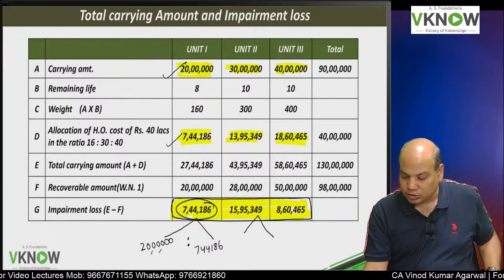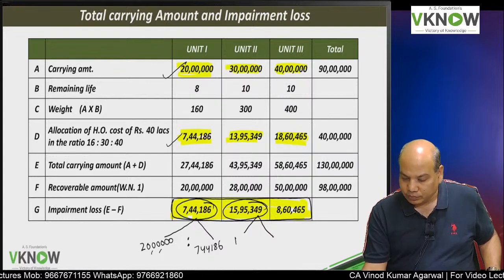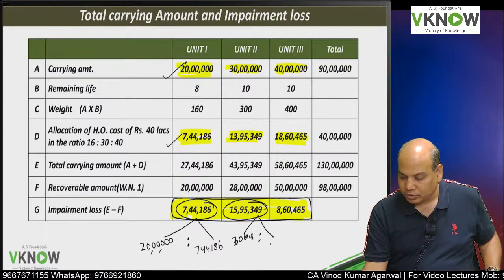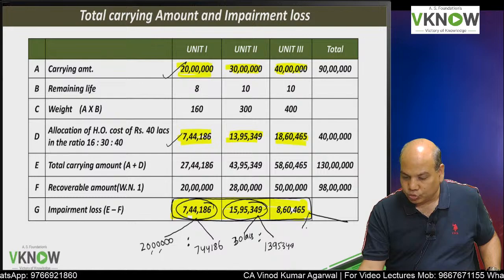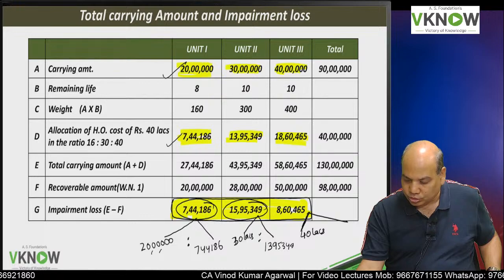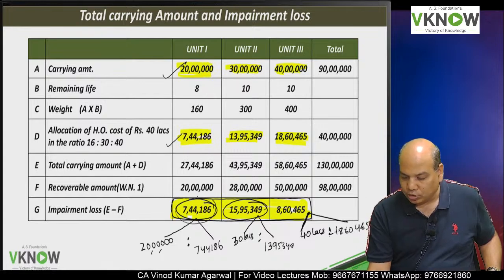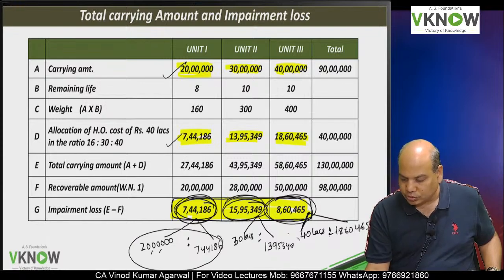The 15,95,349 will be allocated in the ratio of 30 lakh to 13,95,349, over the CGU and HO building, and in the ratio of 40 lakh to 18,60,465. So I have to allocate this impairment loss in these ratios.